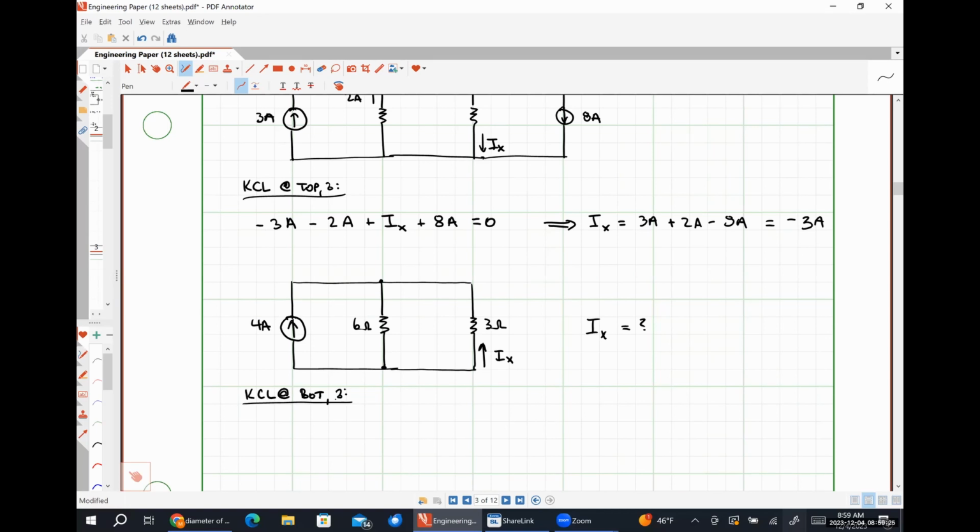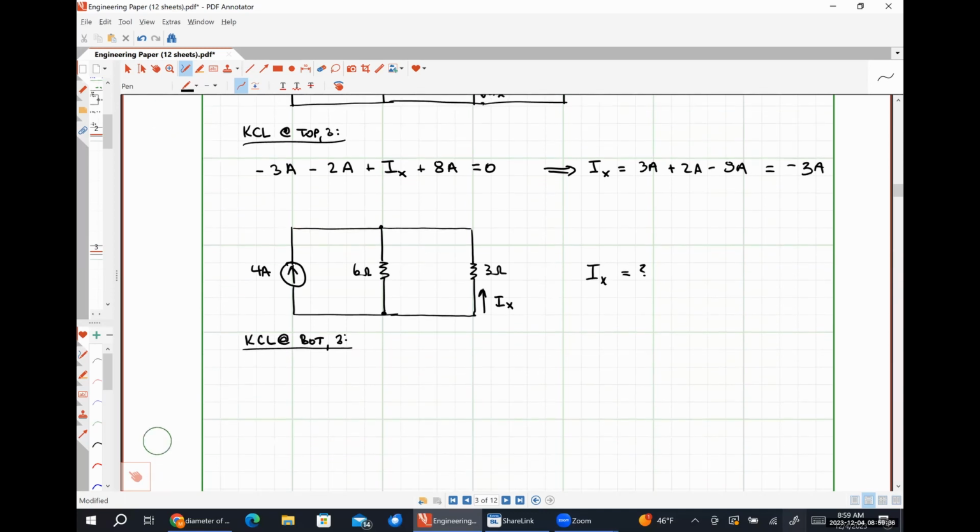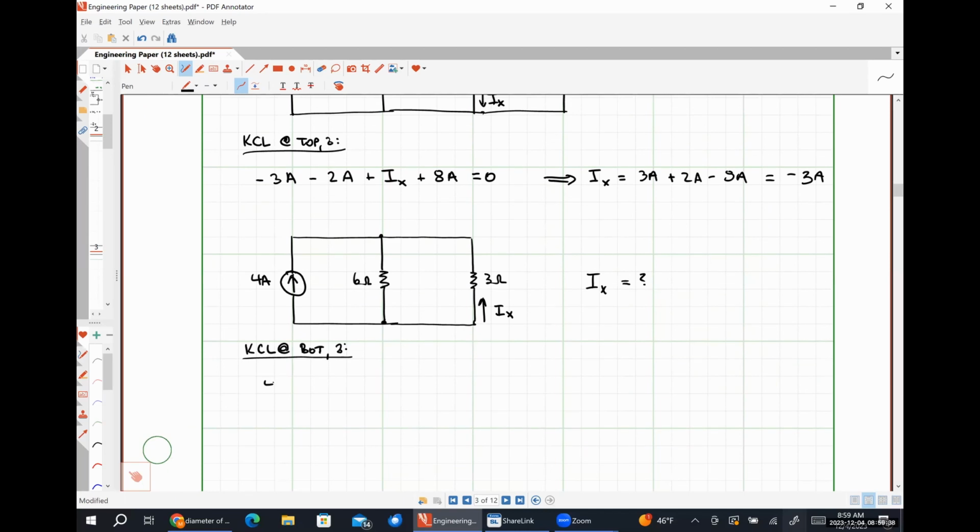All right, so the first thing we see working our way from left to right is the 4 amp source. Because it's exiting, it's going to have a positive sign. So we're going to have 4 amps. Now we see our 6 ohm resistor, and since it doesn't have a current labeled for us, that means that we have to choose, right? So current through the 6 ohm resistor, up or down?